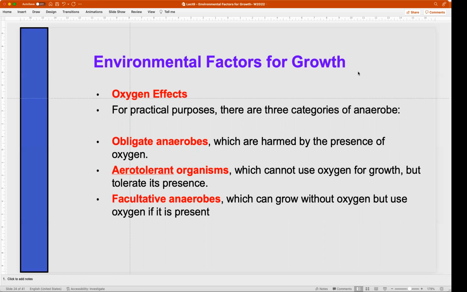Oxygen effects. Did you have a question? I'm sorry, I meant to finish. It was about yeast. Yeast, yeah. It's both, because it's both aerobic and anaerobic respiration. It depends on what you're using it for and which one you're using. Right, and also just what you do to it.